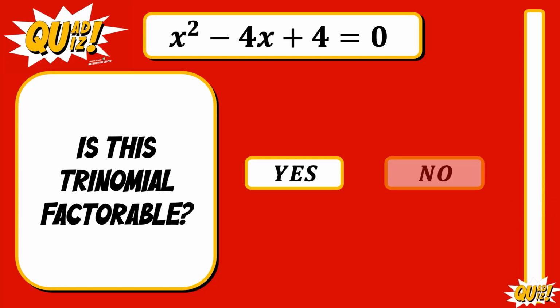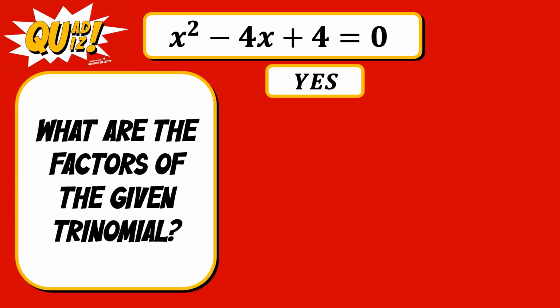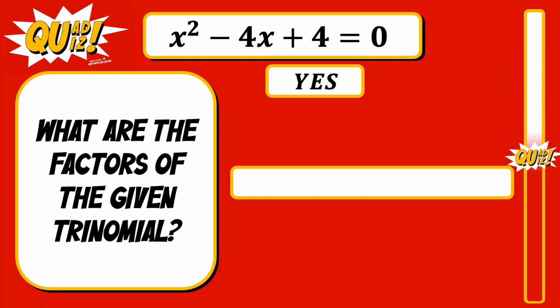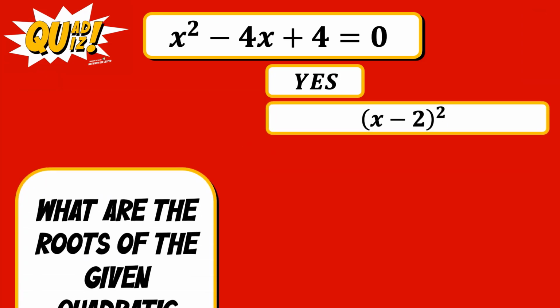Time is up. The answer is yes. If this is factorable, then what are the factors? The factors are x minus 2 and x minus 2, or the square of x minus 2.